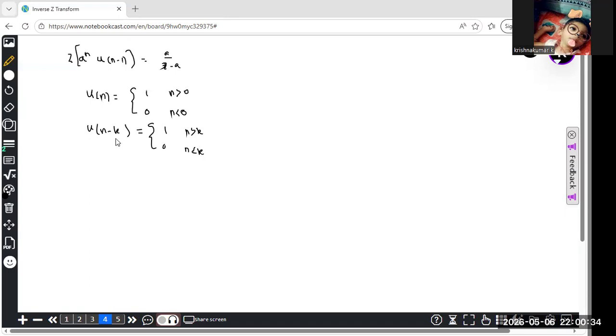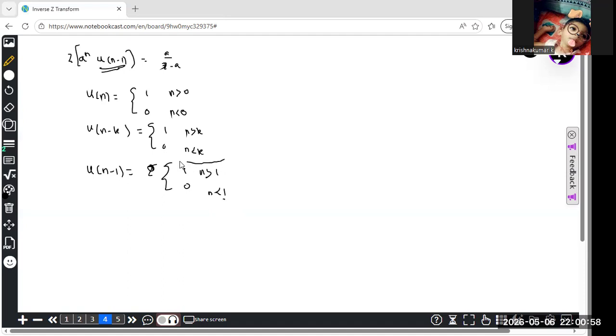Then if you write u of n minus 1, the unit step function becomes 1 when n is greater than 1, and 0 when n is less than 1.